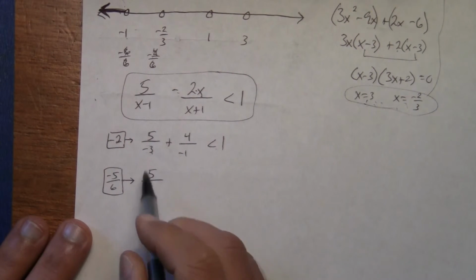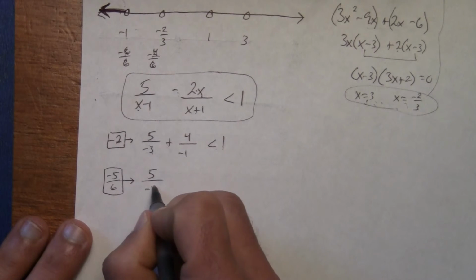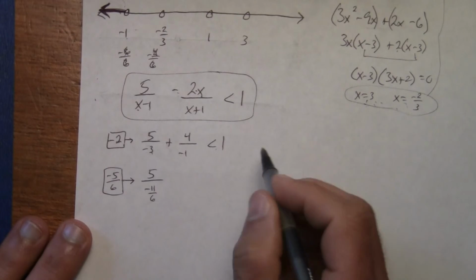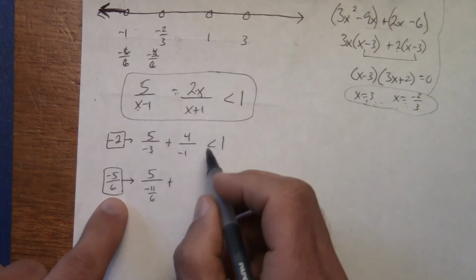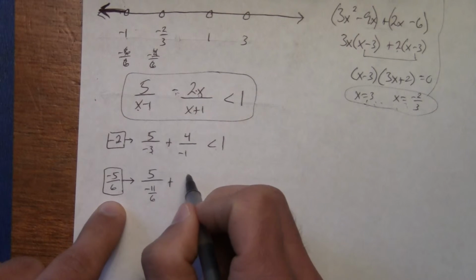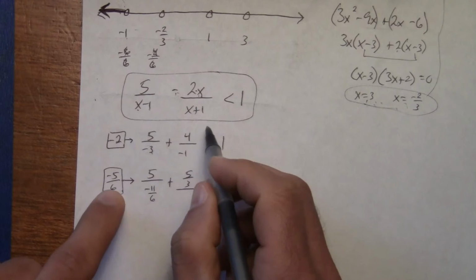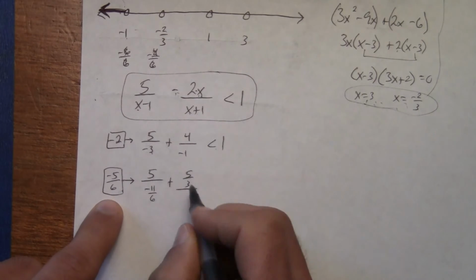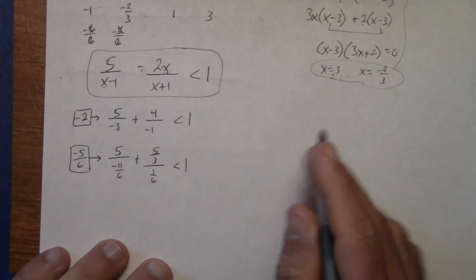Again, probably won't have to do this very often, hopefully, anyway. So it looks like I'm going to have 5. Negative 5/6 minus 1, or negative 6/6, is going to give me negative 11/6. We'll worry about simplifying it later. That's going to become plus, because it's a negative number. That's going to end up giving me 10/6, or 5/3, divided by negative 5/6 plus 6/6, or 1/6. Okay, now I'm going to have to do some simplifying work here.